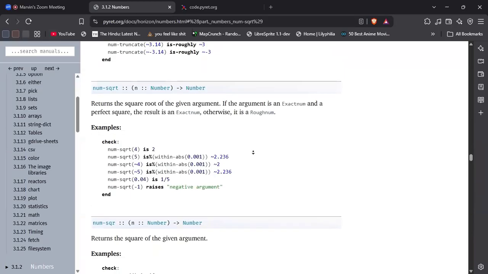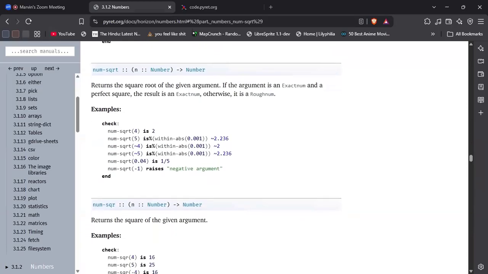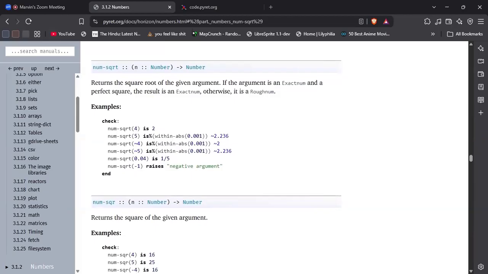Here's the easy answer. If it's an integer, it's an exact num. It's exactly a number. If it's a decimal, it's a rough num, but that's not exactly correct.